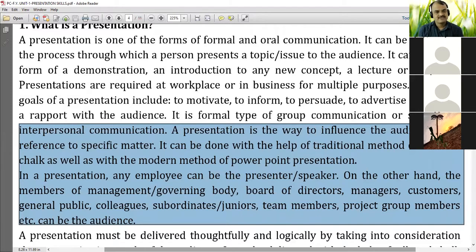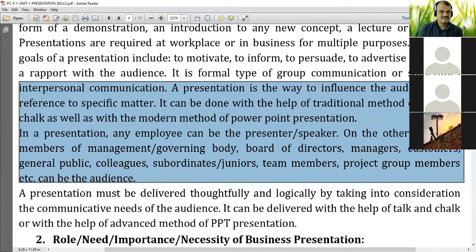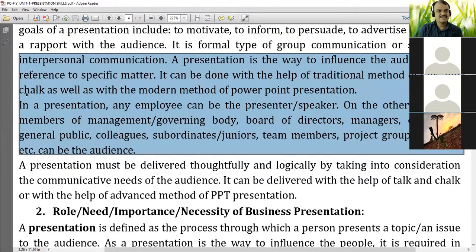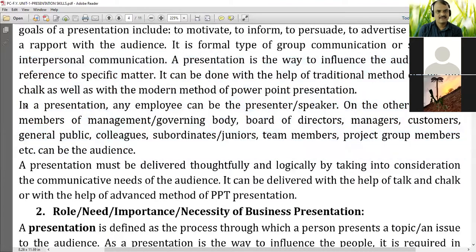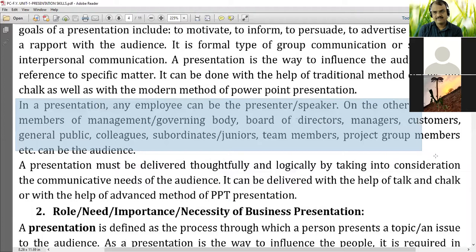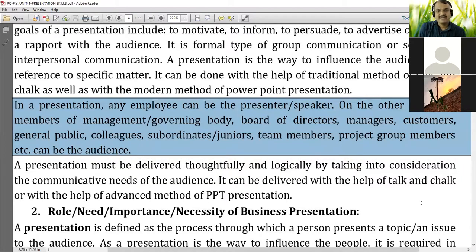Okay, so I think there is nothing difficult to understand here. In a presentation, okay, now this is a very important part again. In a presentation, any employee can be the presenter or speaker. Bring that organizational structure in front of your eyes so that you will understand this discussion. In a presentation, any employee working at any level can be the presenter or speaker.